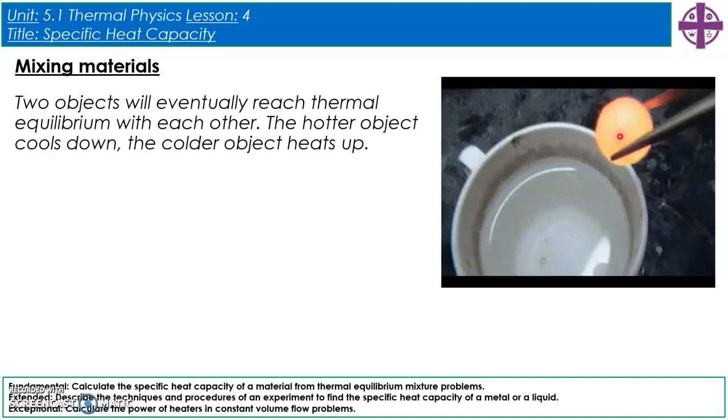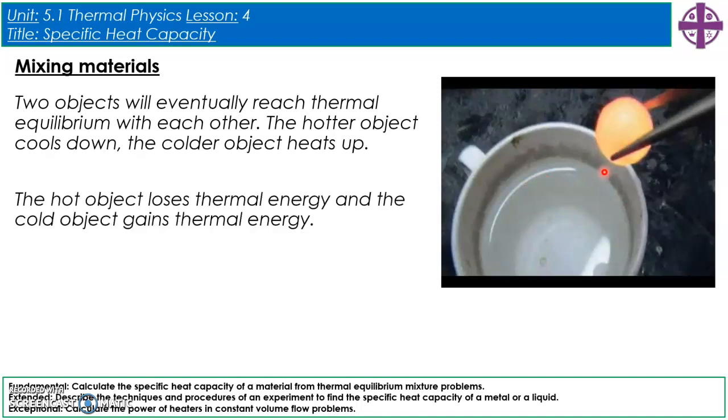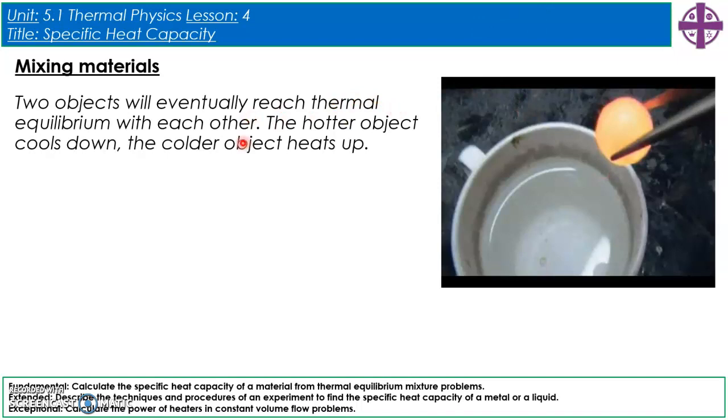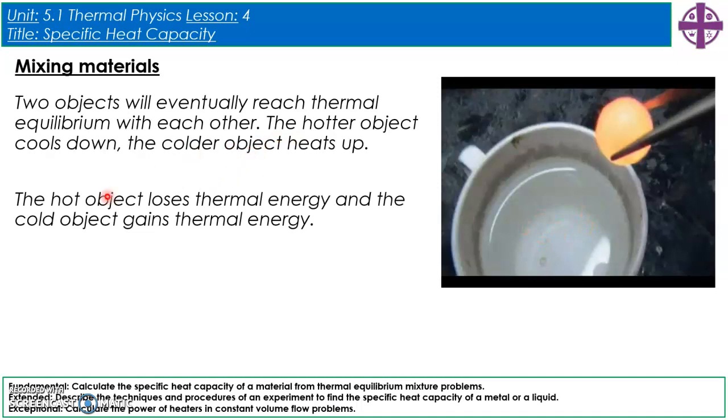If I was to drop that copper ball into that water, the copper ball would get colder, it would lose thermal energy, and the water would get hotter, it would gain thermal energy. So they would eventually reach thermal equilibrium with each other, which is where they're at the same temperature. And to do that, the hotter object would cool down, and the colder object, the water, would heat up. The hot object is losing the thermal energy, and the cold object is gaining the thermal energy.